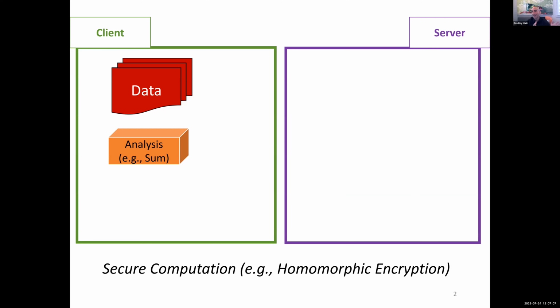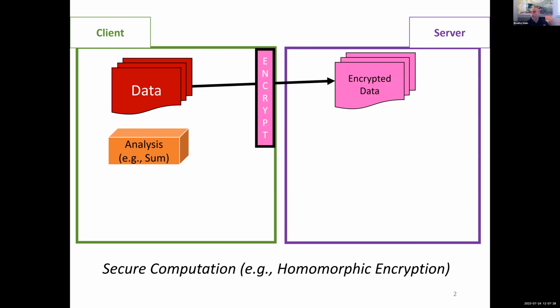Where we've been seeing things heading over the last couple of years is this notion of becoming more entwined with the crypto community. You have data and some analysis that you want to run at a particular client, and they say, I don't have the computational capability to do this locally, so I want to outsource it.